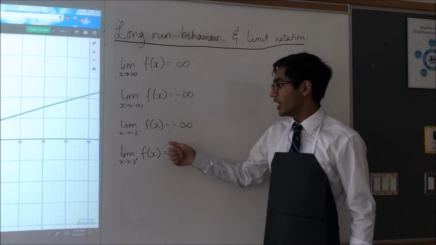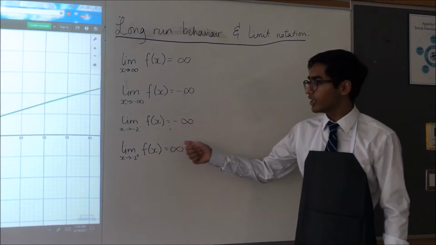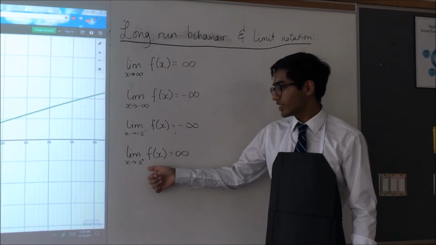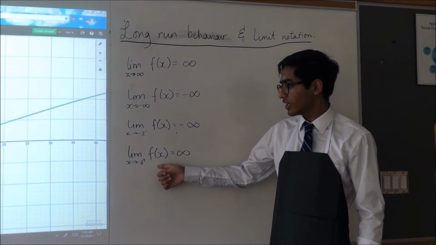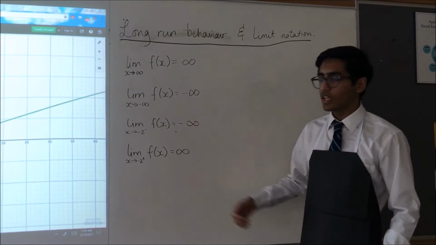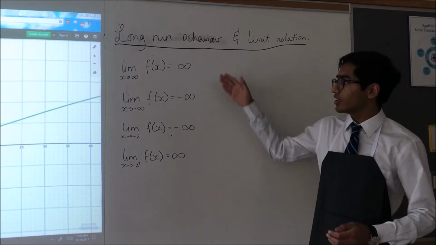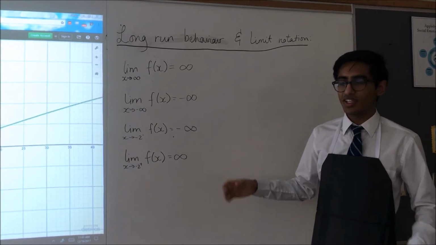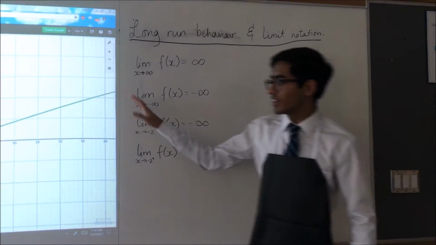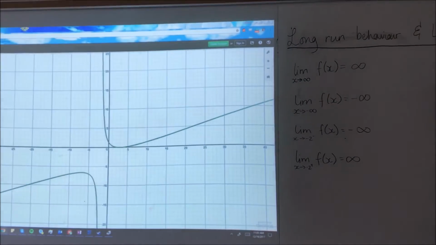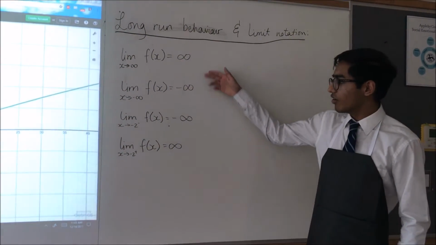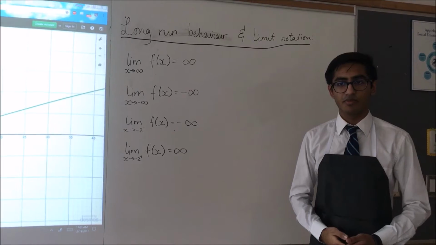Also, as x approaches negative 2 from the negative side, f of x equals negative infinity, and as x approaches negative 2 from the positive side, f of x equals infinity. So this basically means that we can find the element at these points in the great unknown of the graph, and all this is theoretical, as these points are all infinity, and infinity does not exist.